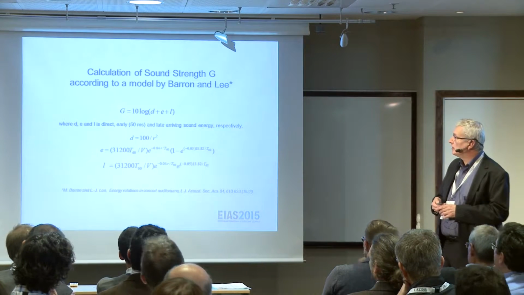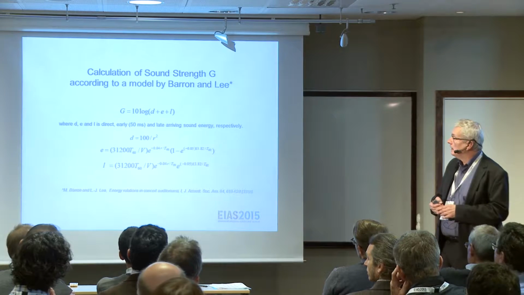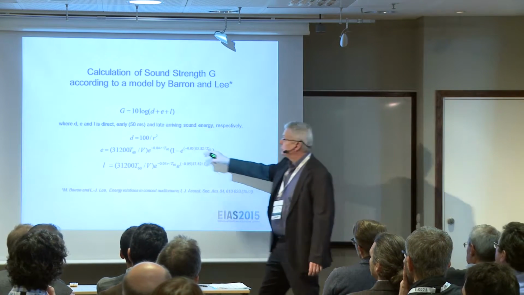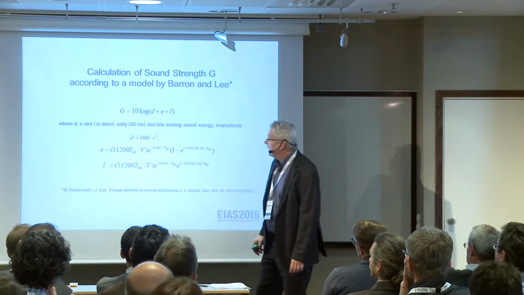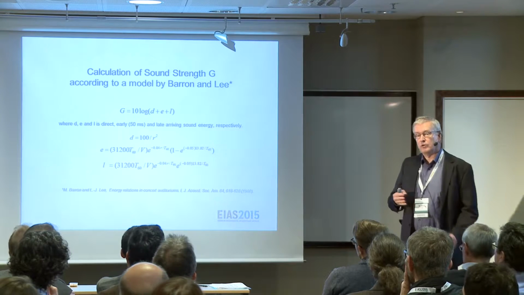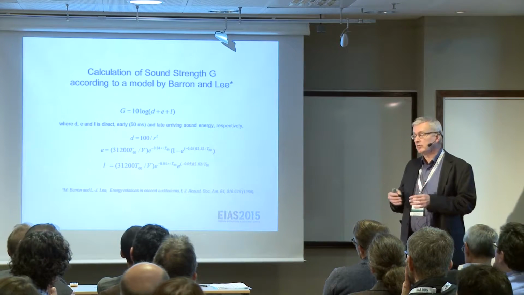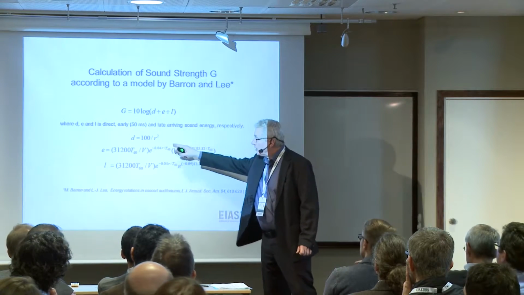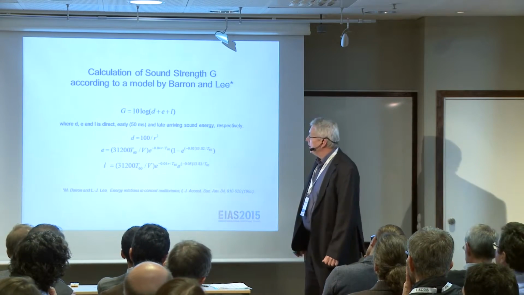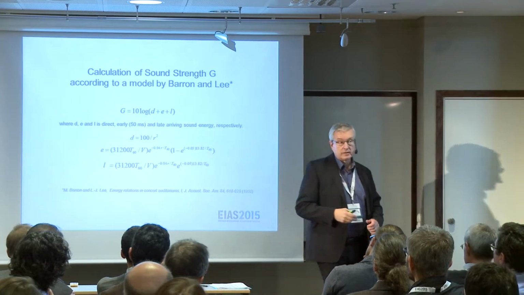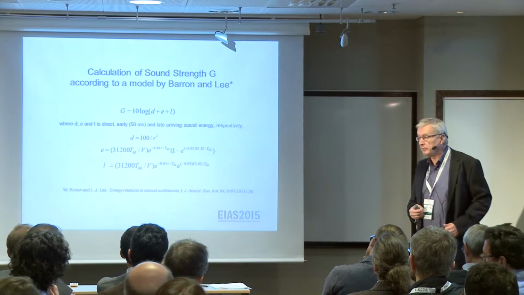So if we start with Barron's model, it's a model that calculates the strength value, and it's based on calculating the integrated energy for the early and late part of the impulse response given by those expressions, and he also included direct sound. Then you simply add all those values and get the strengths in a quite nice and simple way.